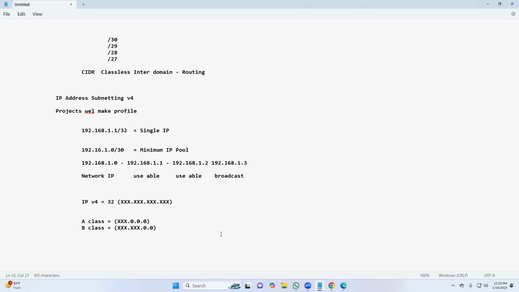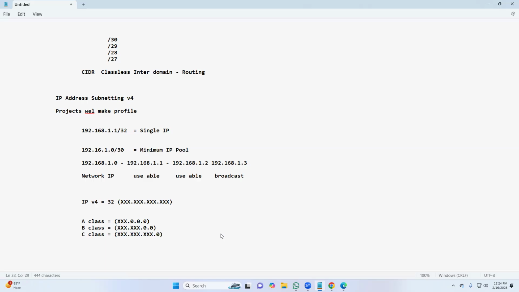And C class, three are reserved, only one available.